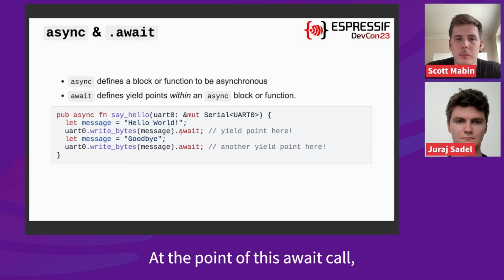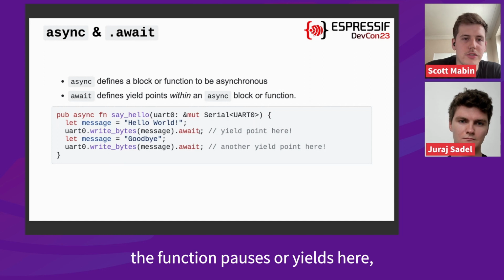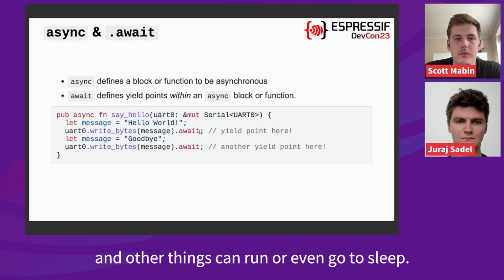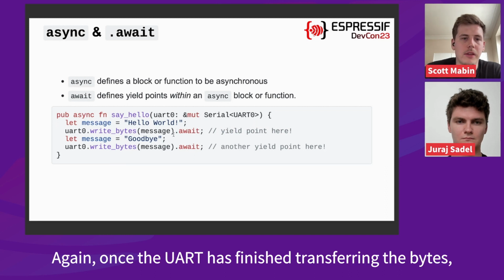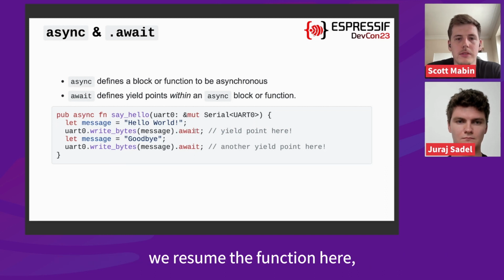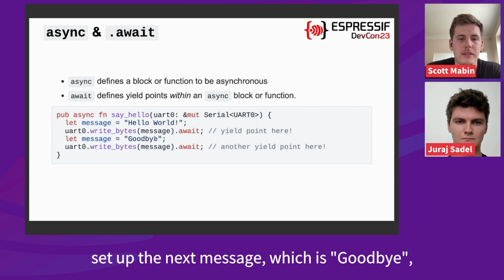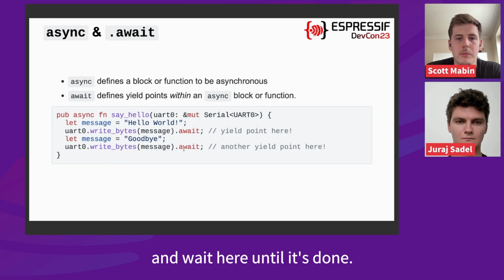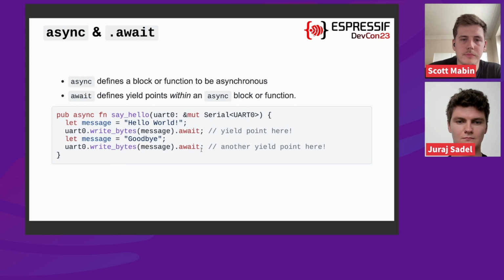At the point of this await call, the function pauses or yields here, where the hardware is actually transferring the bytes, and other things can run, or even go to sleep. Again, once the UART has finished transferring the bytes, we resume the function here, set up the next message, which is goodbye, and do the same thing again. We get the UART to write the bytes out and wait here until it's done.